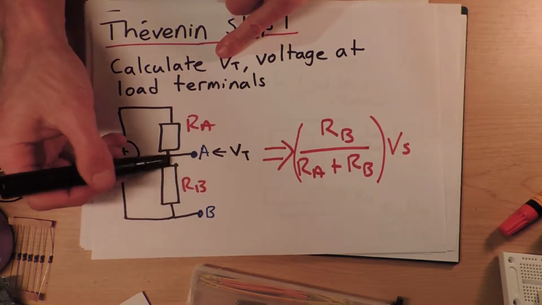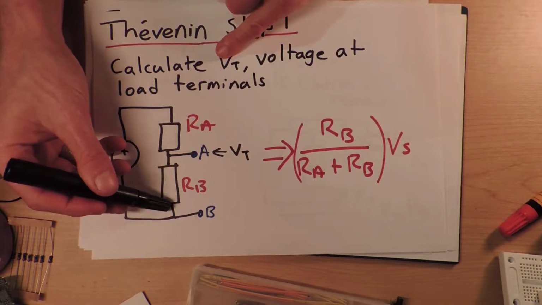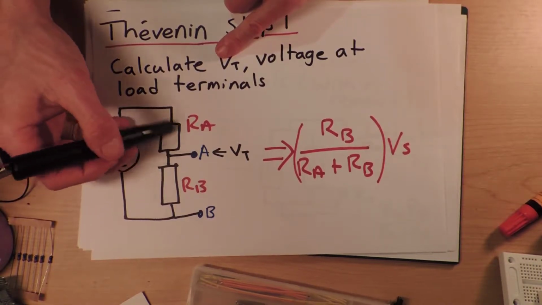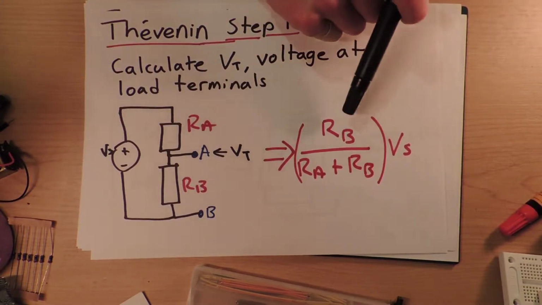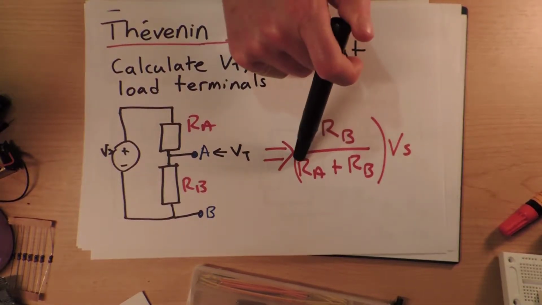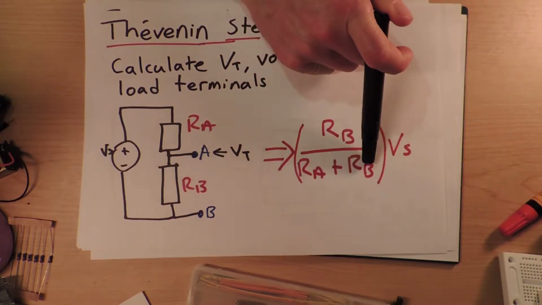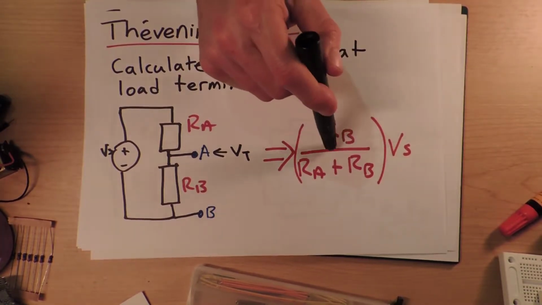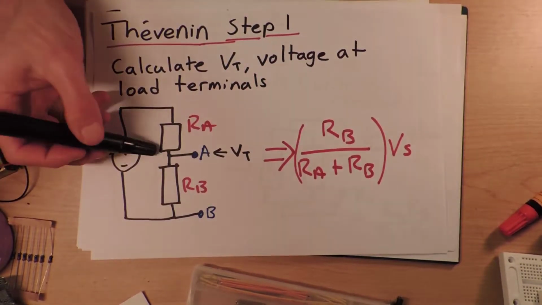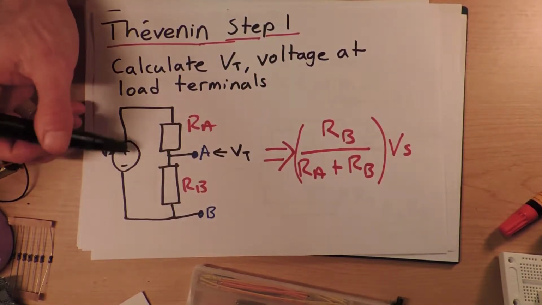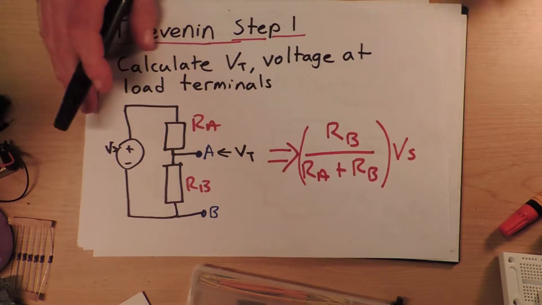Well, 2/3 of the voltage will be spent going across the 100 ohms, and 1/3 across the 50 ohms. So in that case I would have 100 over 100 plus 50, which is 100 over 150, which is the same as 2 over 3. So that will be 2/3 of the input voltage in that case.